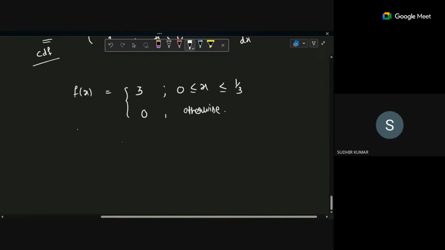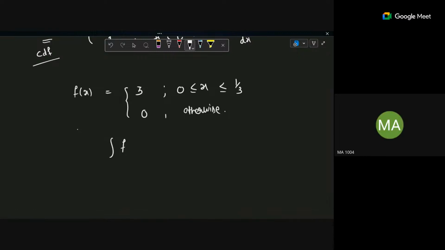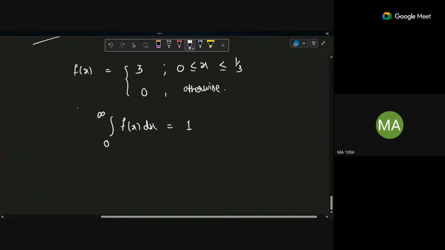So now that is a valid PDF. The integral from 0 to infinity, because a PDF does not take values lower than 0, should be equal to 1. So let's take the integral from 0 to infinity of this particular f of x.